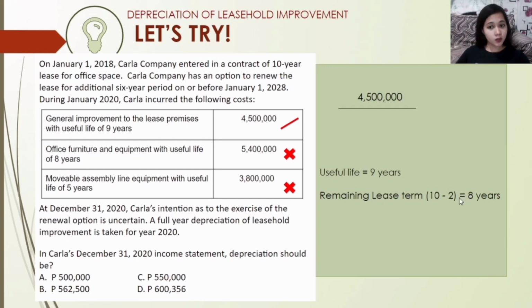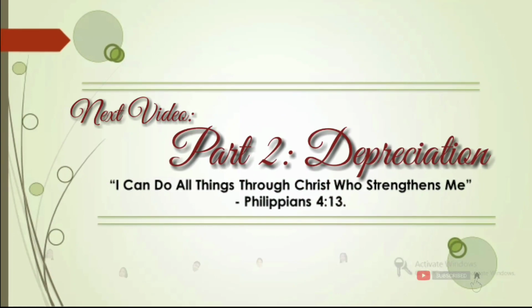Plus, wala tayong renewal option. Uncertain, hindi sigurado kung i-extend pa ba yung lease. So, 8 years lang. Whichever is shorter, the remaining lease term, which is 8. So, 4,500,000 over 8 is 562,500. And the answer for this question is letter D.